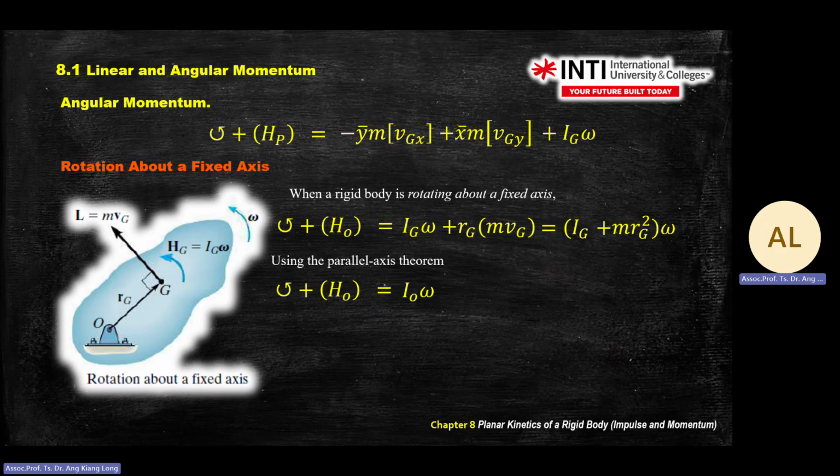Okay, H increases. What increases? IO increases. Will omega increase or not? Why?